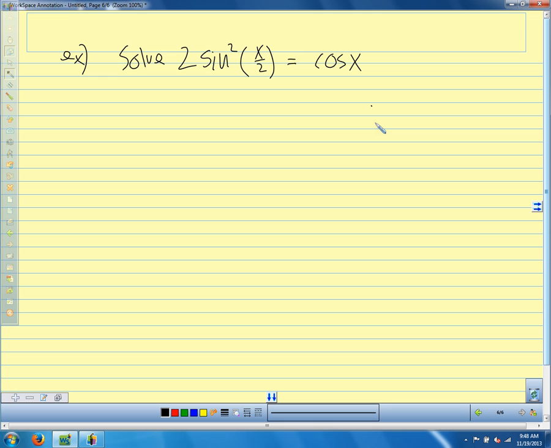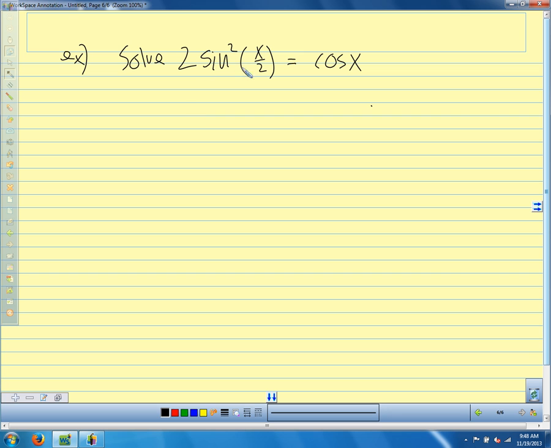This is similar to the last one we worked on, where we had a double angle and a single angle. Here we have a half angle and a single angle. So we're going to substitute our formula for sine of x over 2 into this equation, so we get everything with the sine or cosine of a single angle.